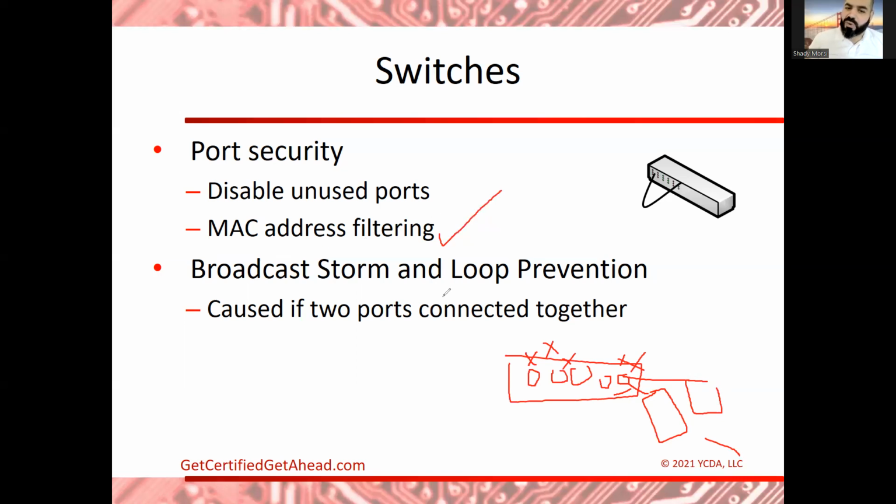Okay. Also, we need to stop something called broadcast storm and loop prevention. It means that if you connected a computer with 2 cables to your switch, this can cause something called loops inside your network and the broadcast storm. Why?